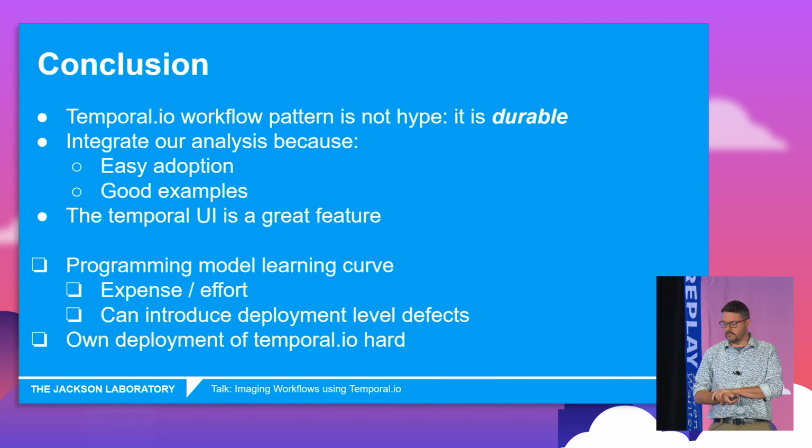On the perhaps not so positive side, the programming model learning curve is really steep, and you can make mistakes which have effects later on. They're not initially apparent. We certainly had that. And doing your own deployment was pretty hard.